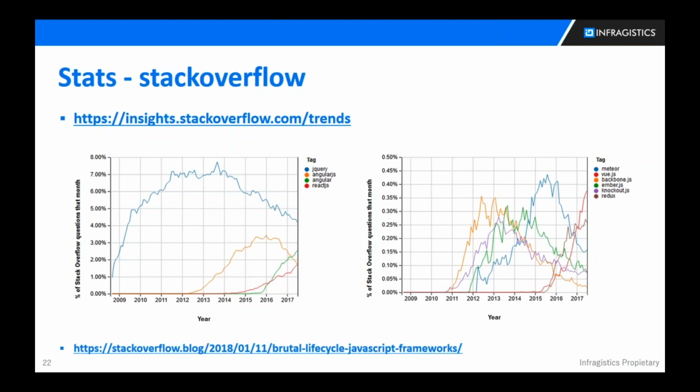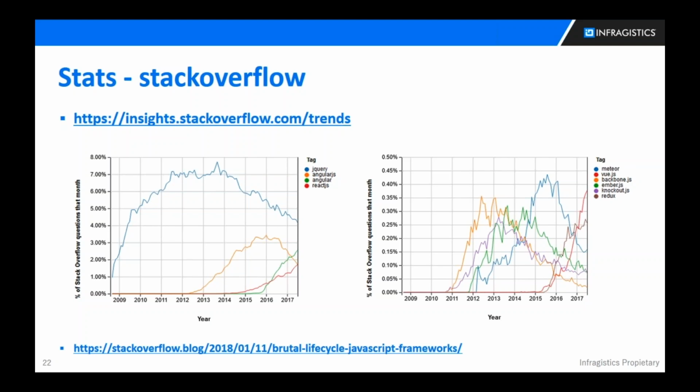People start using popular frameworks, but at some point those libraries are going to become legacy and a lot of people are getting rid of them. So you need to see what's going on with the trends, what's popular and what's not. The next chart is the smaller frameworks, according to Stack Overflow.